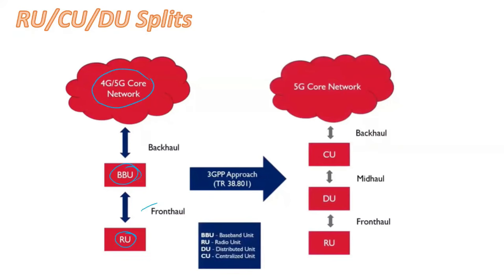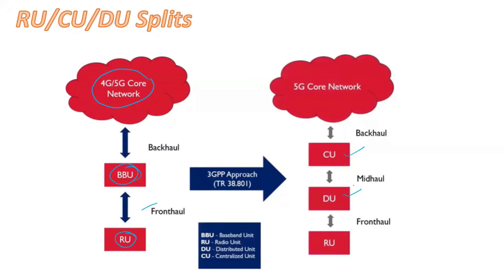But under the 3GPP approach, which is TR 38.801, they introduced what we call the network split, or RU, CU, and DU split. The BBU functionality, the baseband functionality, is now separated into two: the CU, which is the centralized unit, and the DU, the distributed unit. By splitting this function across multiple units, 5G networks can be deployed in a more flexible and scalable manner.